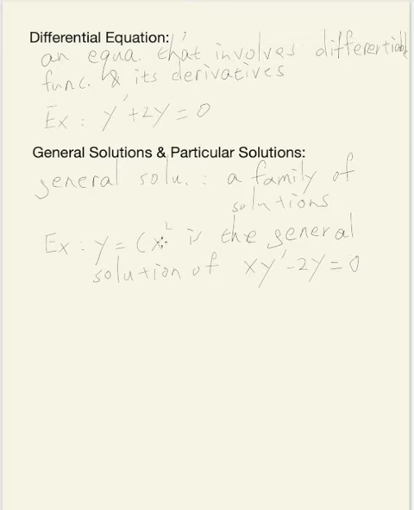Like I said, there's an arbitrary constant c involved, and that's why it's a family of solutions, because c is an arbitrary constant. You can take it 1, 2, 3, so it gives you infinitely many solutions.